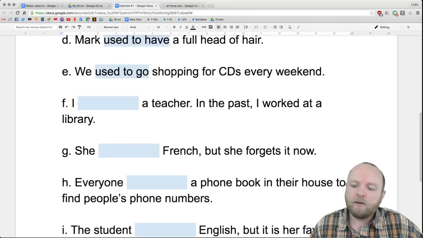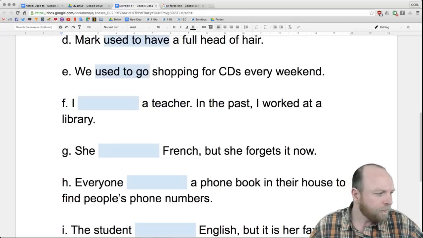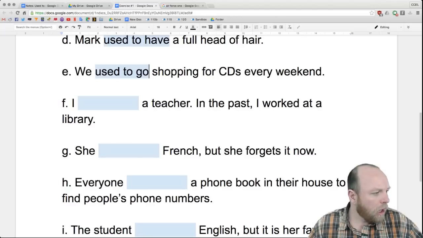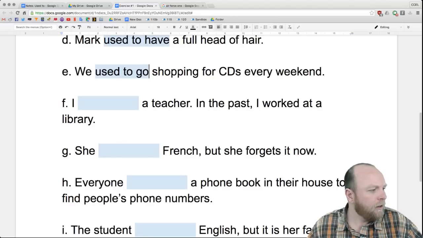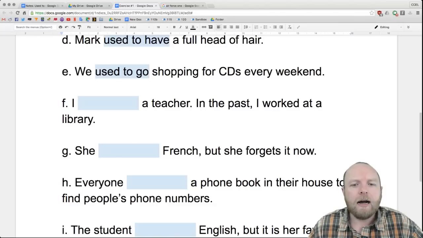So usually in North American English, we say go shopping. But do the shopping is like a job. Marianne, we used to go shopping. Aaron, used to wander shopping? No, that doesn't make sense. Okay, let's go to F.